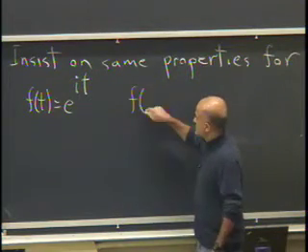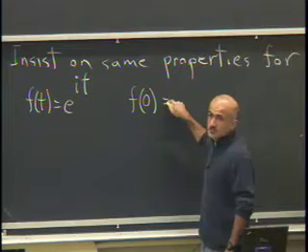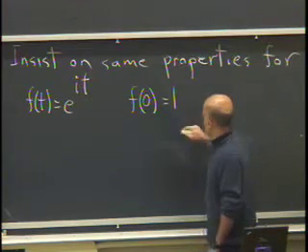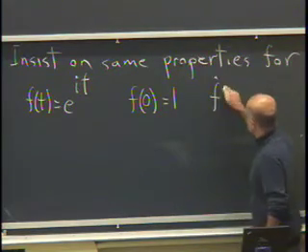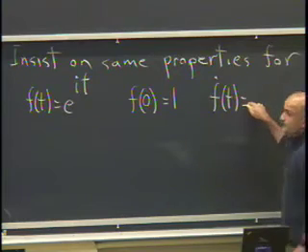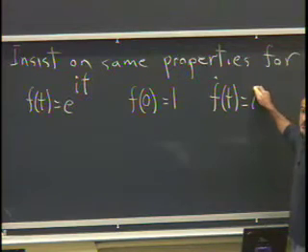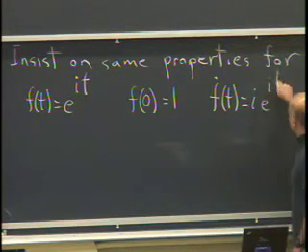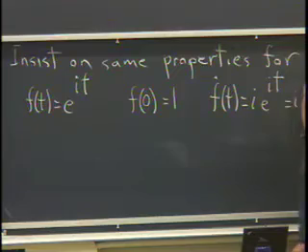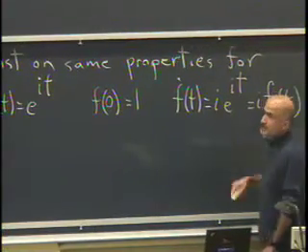F at 0 is 1. And f dot is I times what? E to the I t. In other words, it's I times f of t.